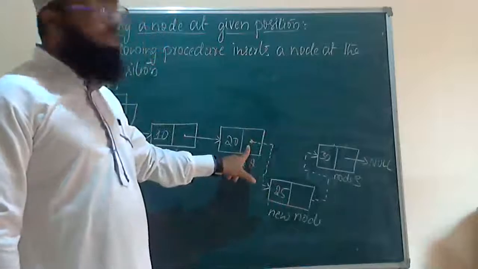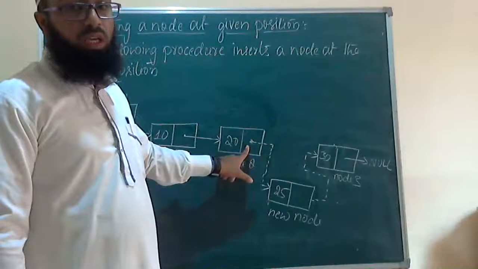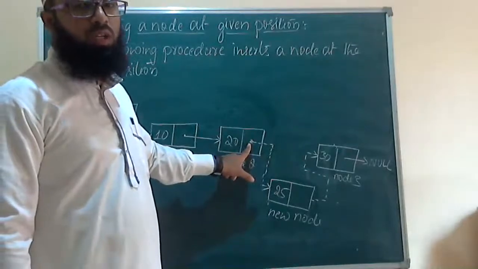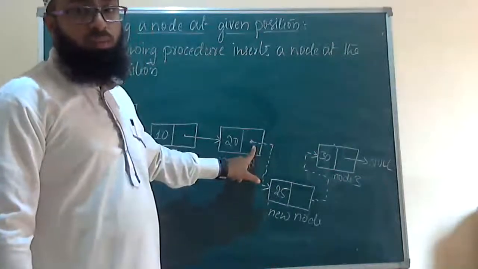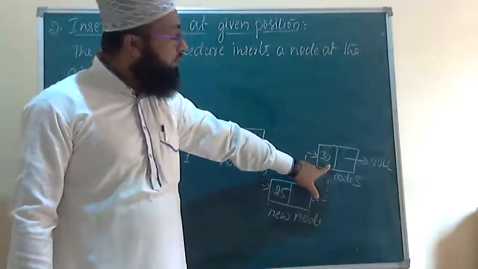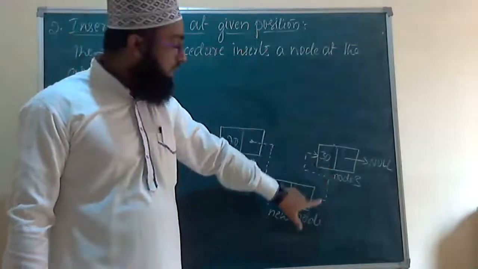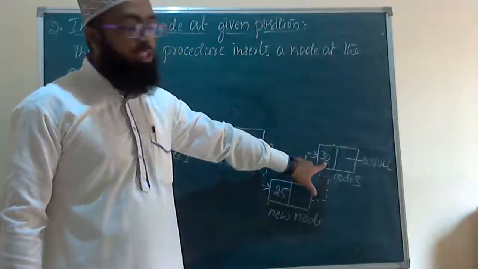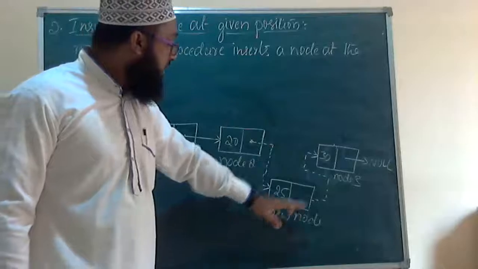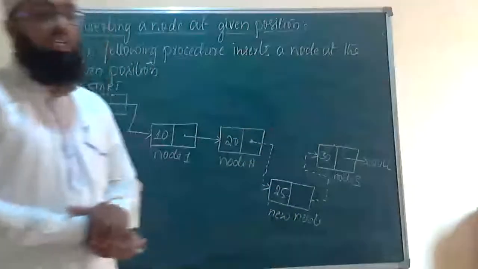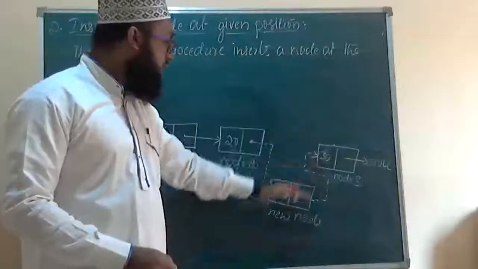Then give the address of the new node to the null pointer of the previous node, and for the new node, give the address of the broken node. Then a new node can be inserted in between the nodes.